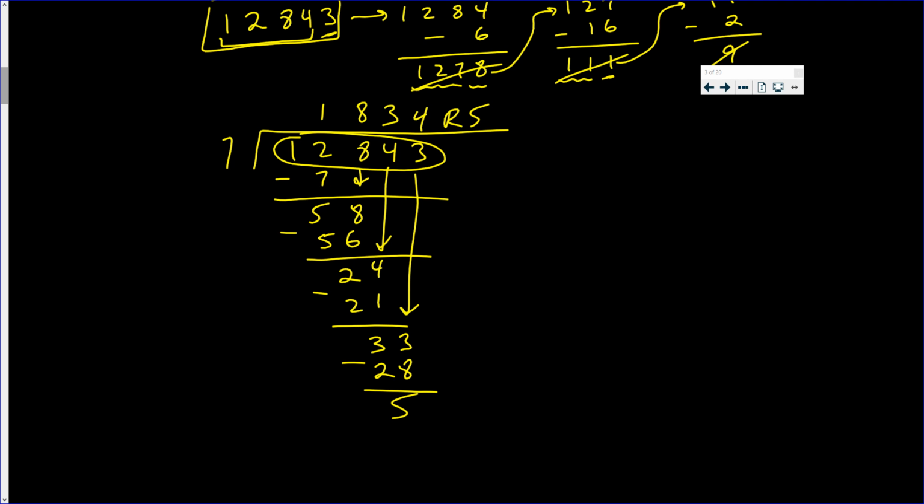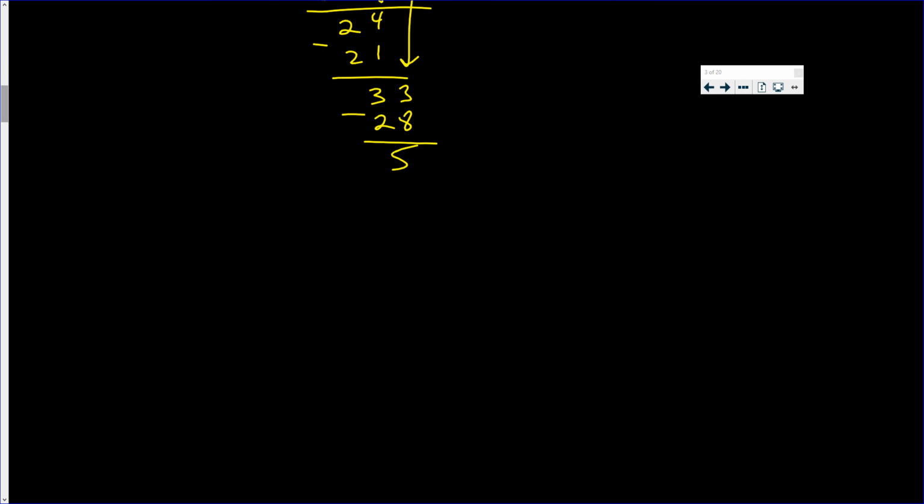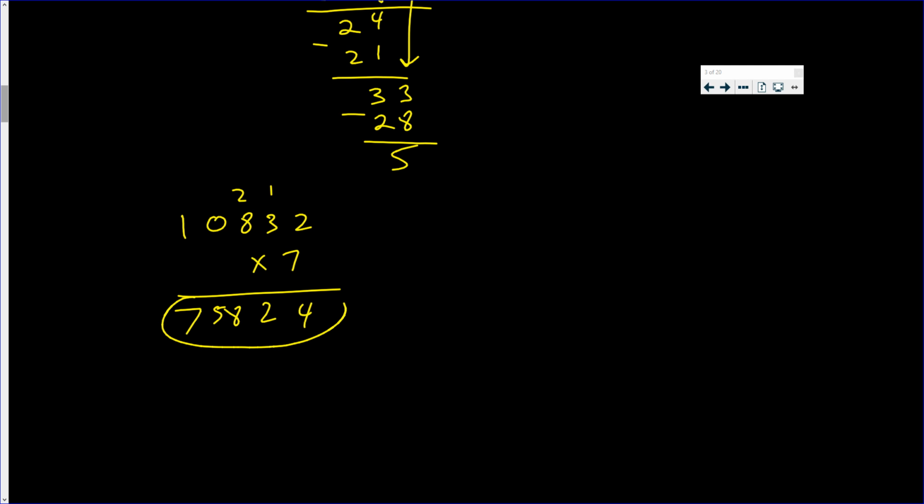I'll do one more. Let's make sure it works. What if you have 10832 times 7? I'm making sure it works by picking a multiple of 7. 75,824, that number. This number, if I multiply it correctly, is divisible by 7.